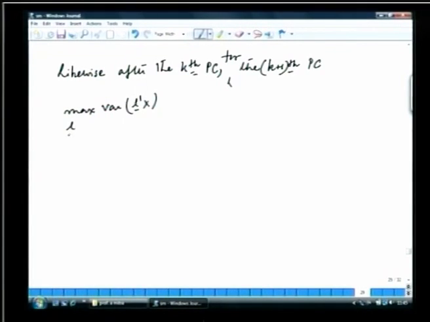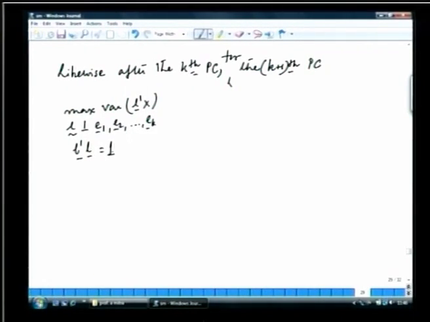L is now orthogonal to E1 to E2 to all these Eks, right. So, L has to be orthogonal to each of these, and of course, the original condition that L transpose L is equal to 1.